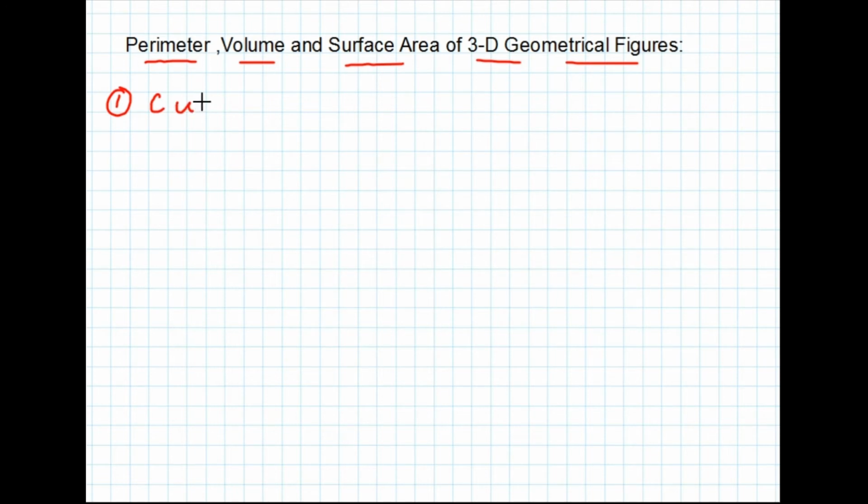Number 1 is cube. Drawing cube with the help of squares as shown in figure. So cube is actually squares in 3 dimension.